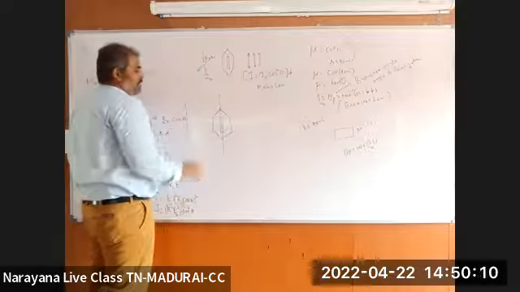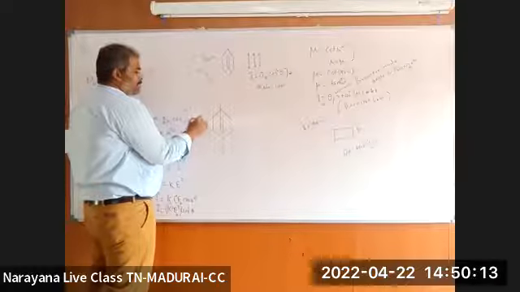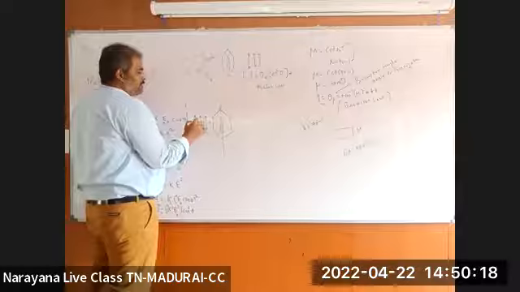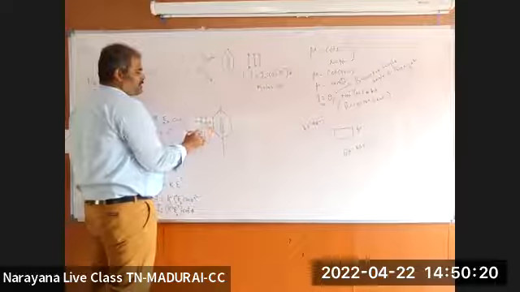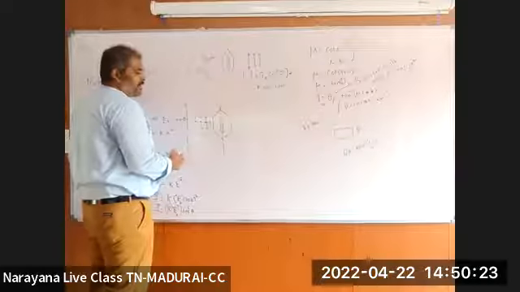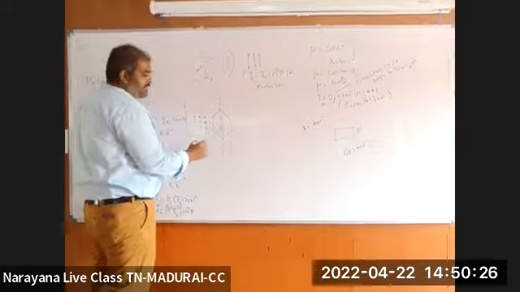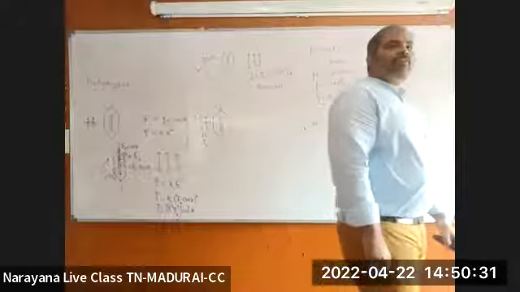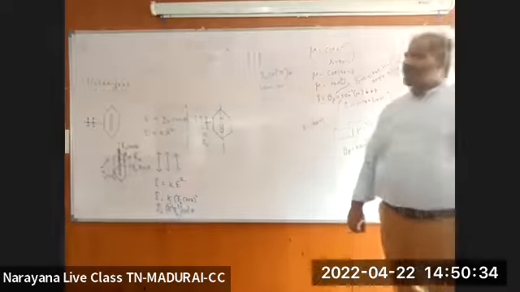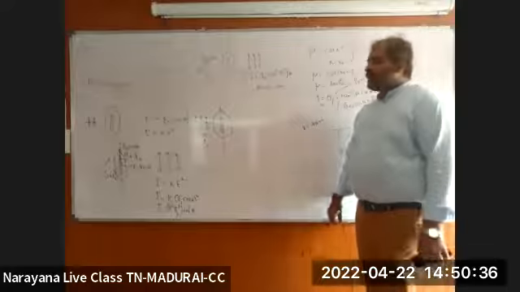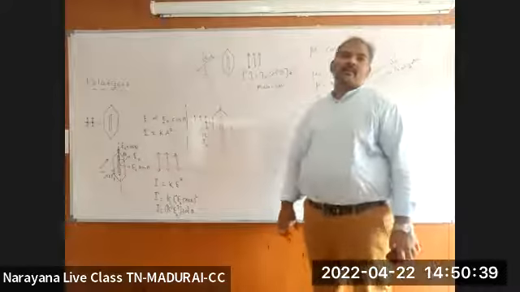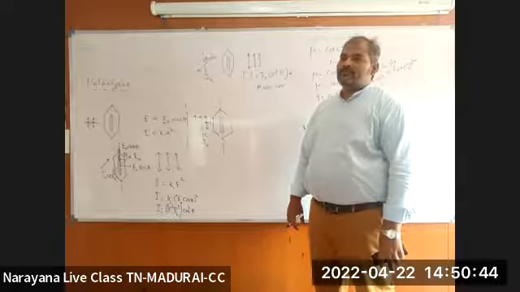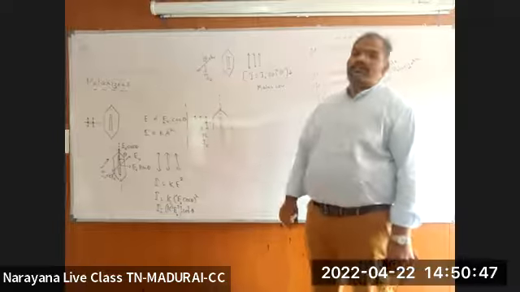So if unpolarized light is falling, unpolarized light means UPL, ordinary light. Let's say the intensity is I naught. Now everyone respond. The transmitted light, what fraction of light will come? Very good, I naught by 2. Why? 50% of this horizontal oscillations are completely obstructed by this polarizer. Understood? Only vertical oscillations are permitted.